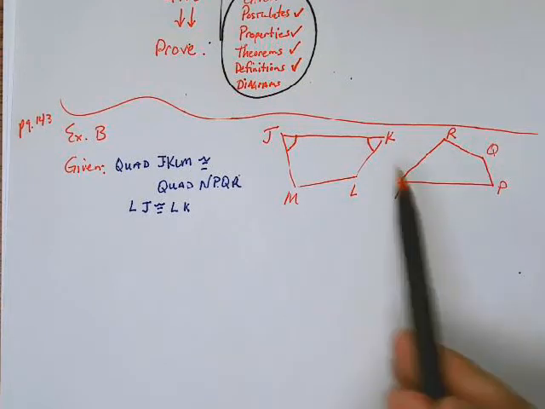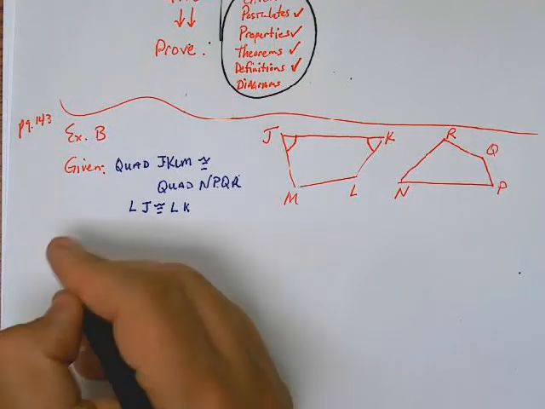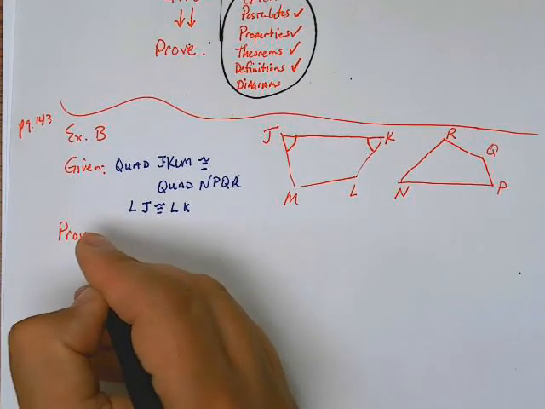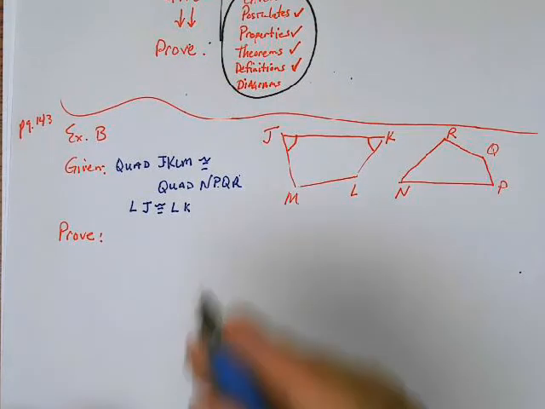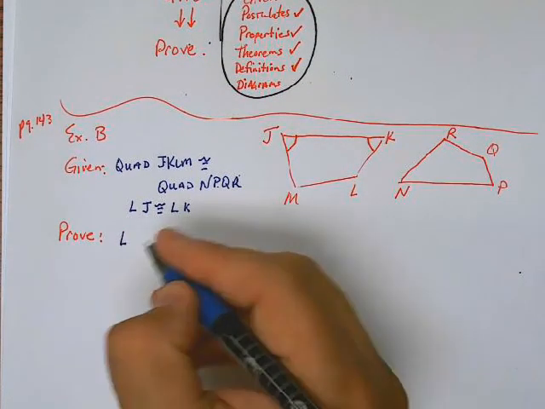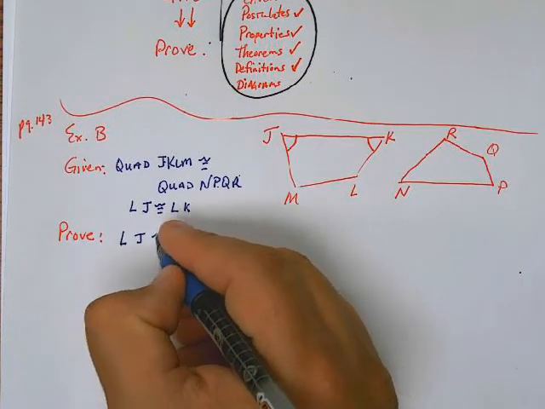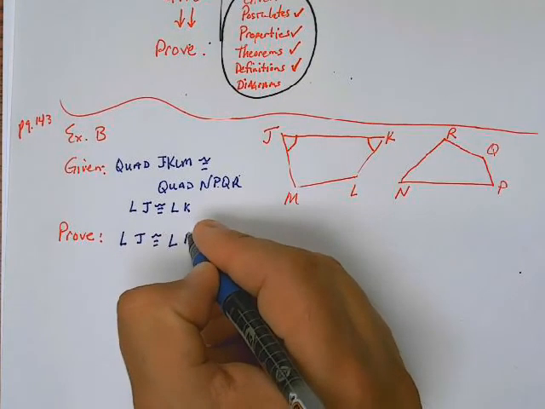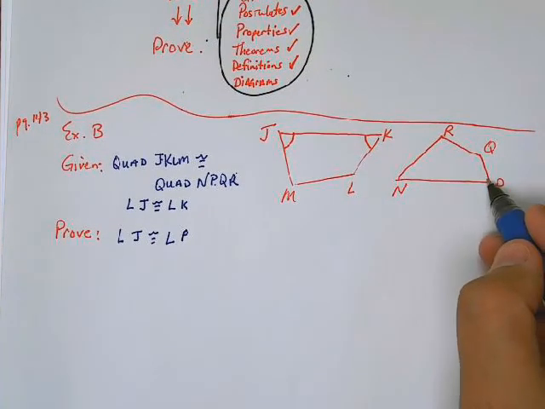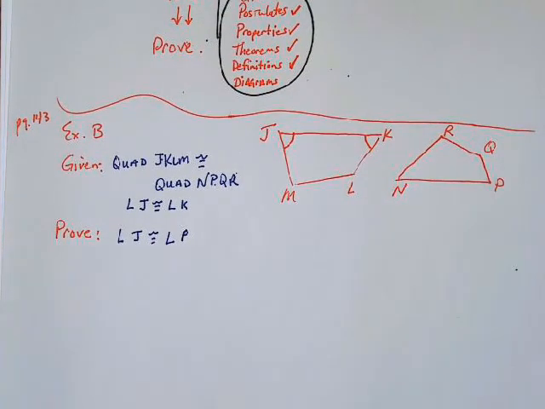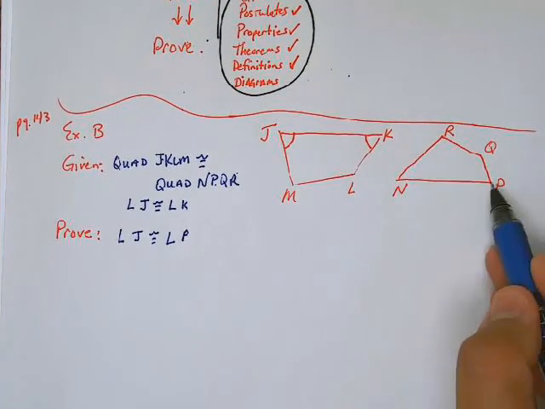I like to make the note in the diagram from what's given. Okay? Now, what am I trying to prove? This is going to give me the direction that I'm going to go. I'm trying to prove that angle J is congruent to angle P, which is way over here. Wow. So we know J is congruent to K. But how in the world can we set it up to angle P?